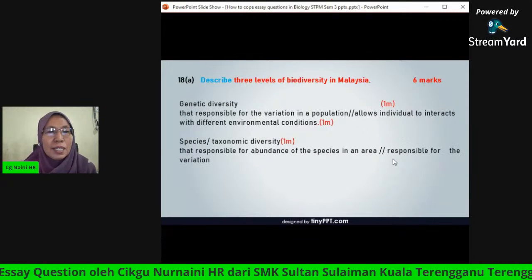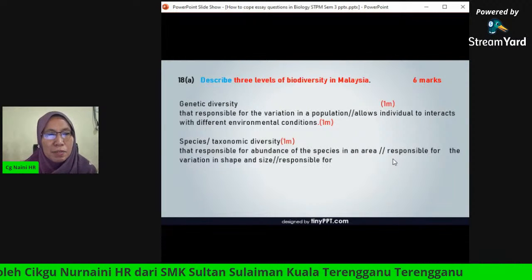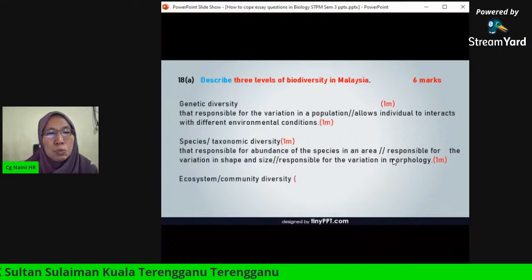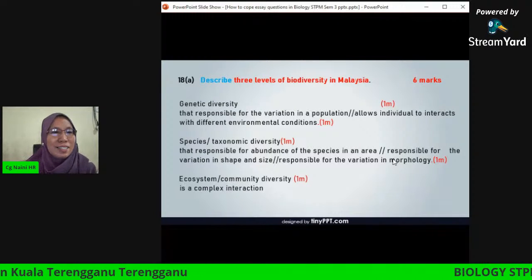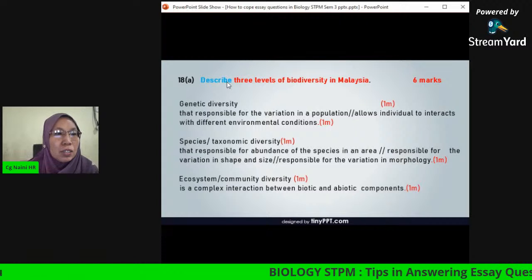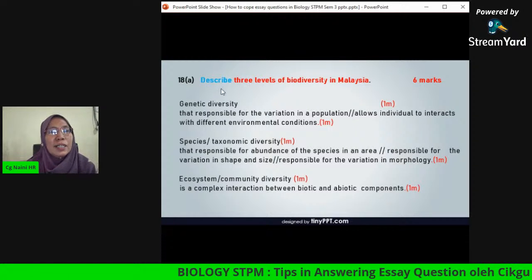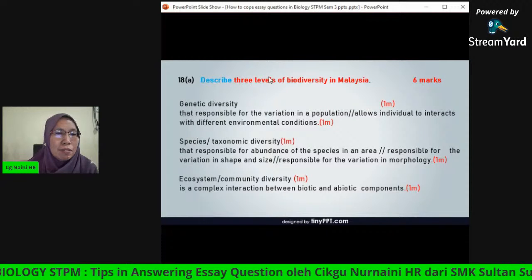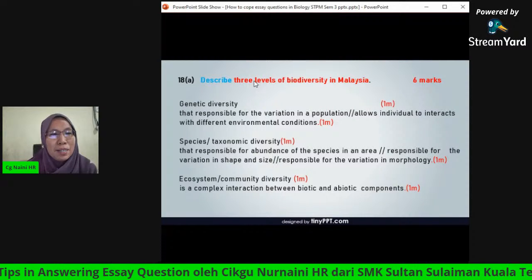That means describe the 3 levels, and each level will give you 2 marks. Describe means elaborate, huraikan. So you must take the 3 levels.